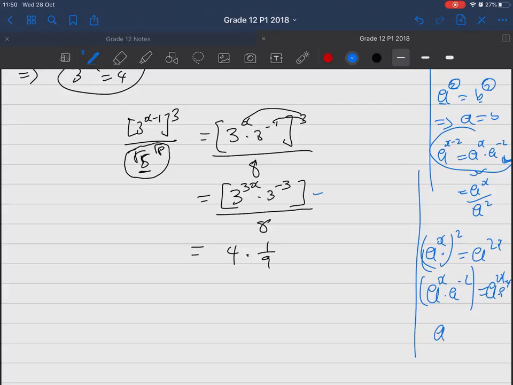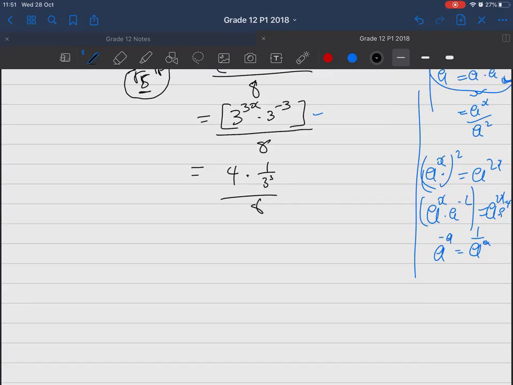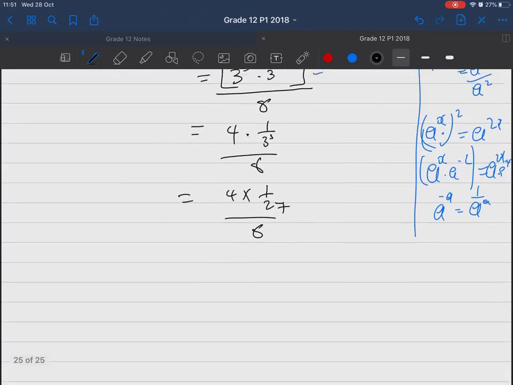You know that a power minus n is the same as 1 over a power n. It was not 9, by the way, it was 27. This is 4 times 1 over 27, over 8.